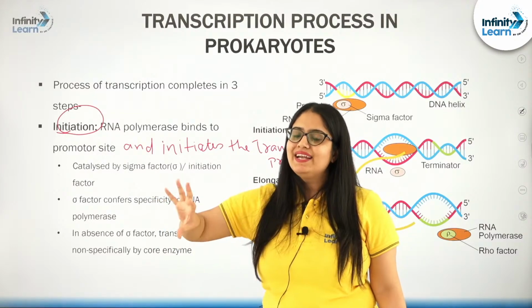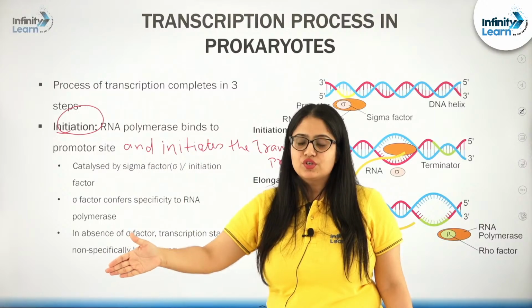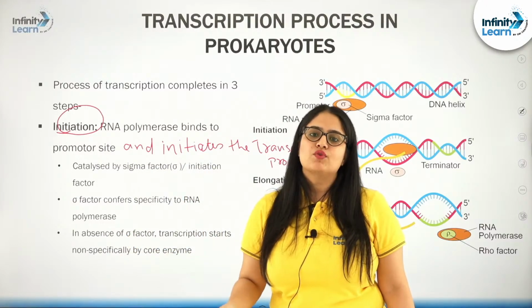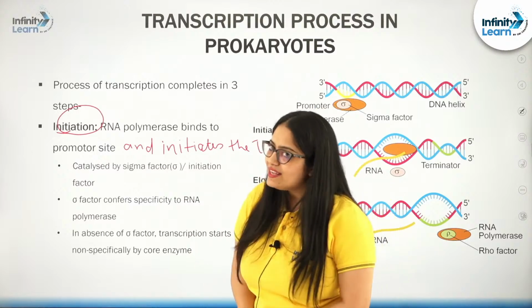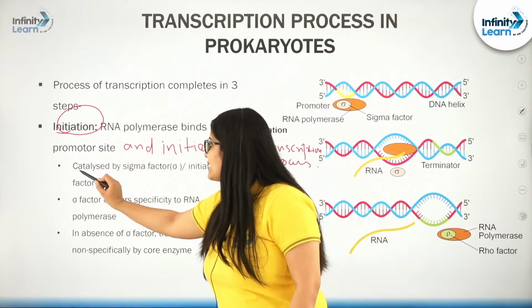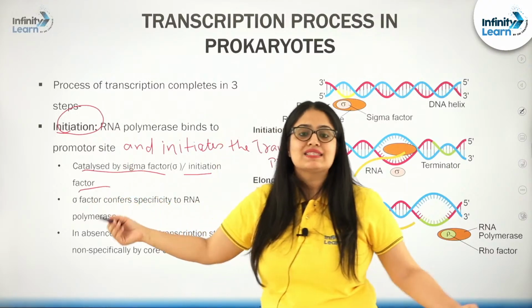So, this binding of RNA polymerase to the specific site on the promoter will be catalyzed with the help of this sigma or initiation factor. What is catalyzed?